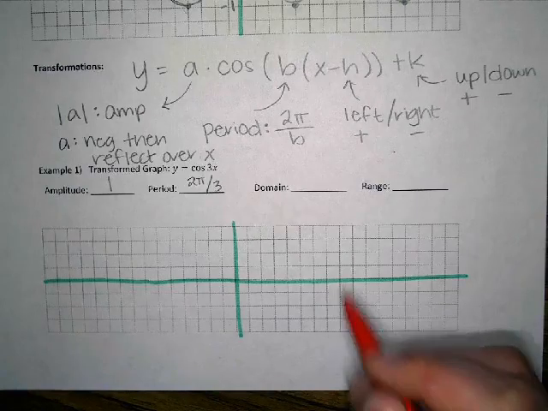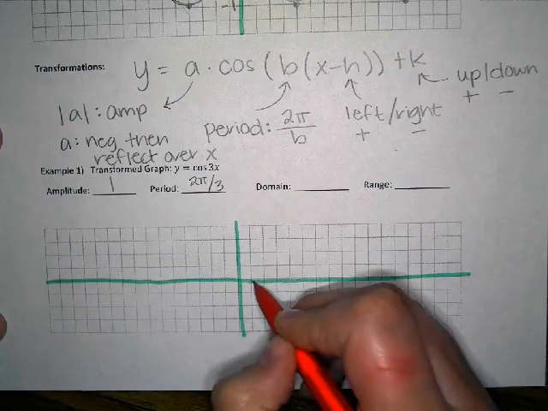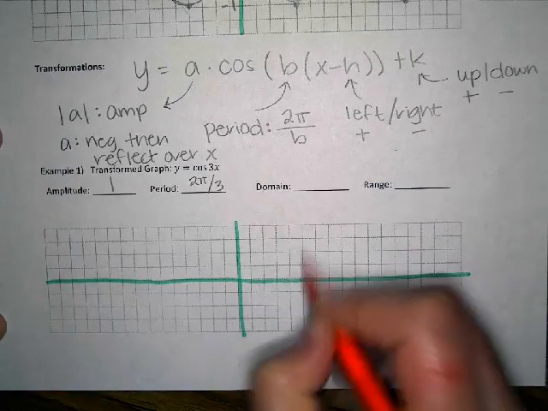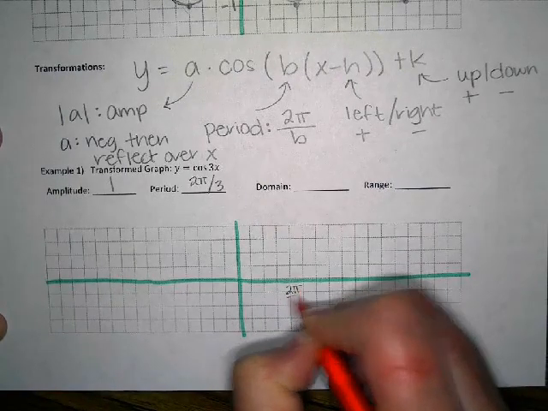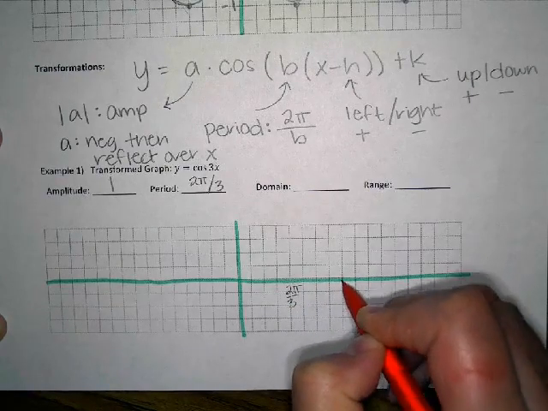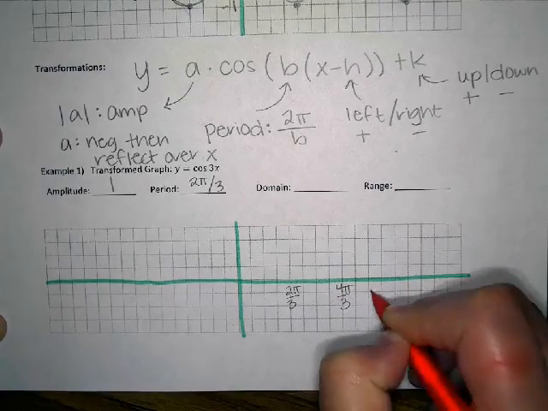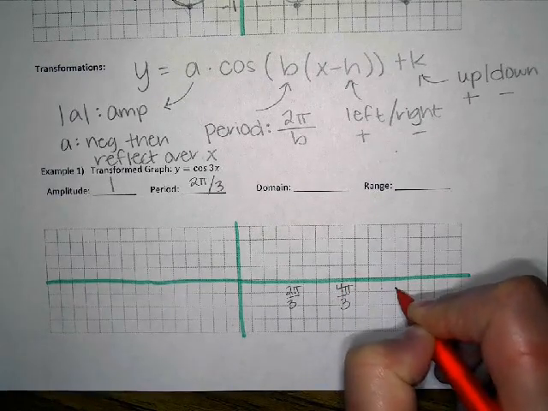What would you guys prefer? 4? So we're going to do 1, 2, 3, 4, and put 2 pi thirds. 1, 2, 3, 4. Another 2 pi thirds makes 4 pi thirds. 1, 2, 3, 4. Another 2 pi thirds would make 6 thirds, which is just 2 pi.